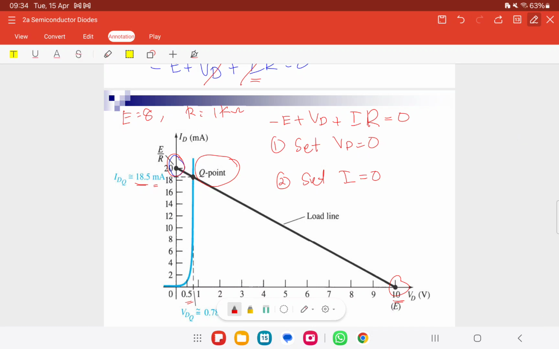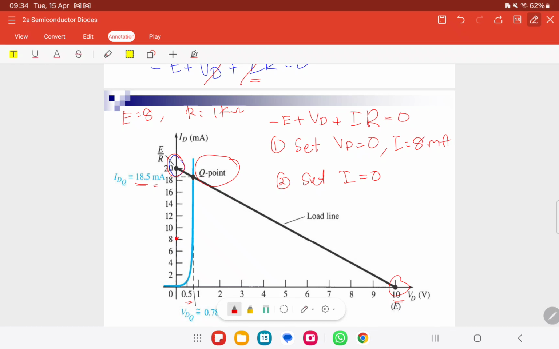Okay, for the first step, when we set VD equals to 0, I equals to E over R. What is the value of I? 8 milliampere. So kalau 8 milliampere somewhere sinilah rendahnya.